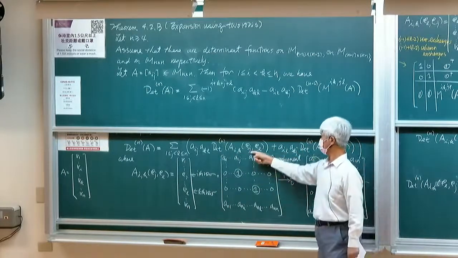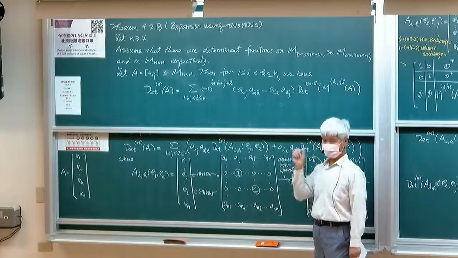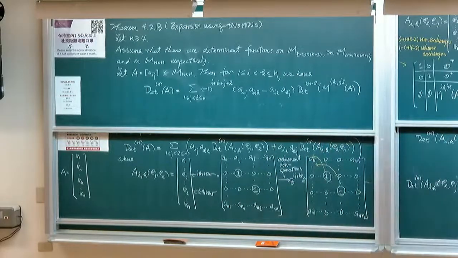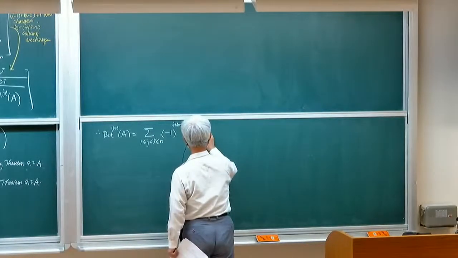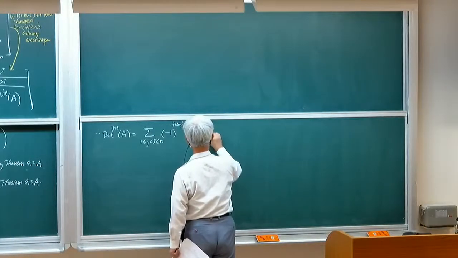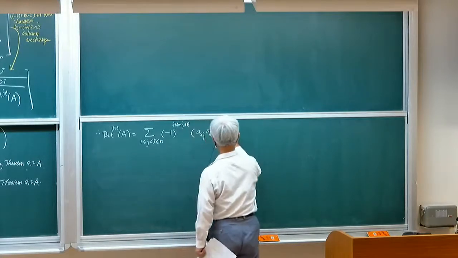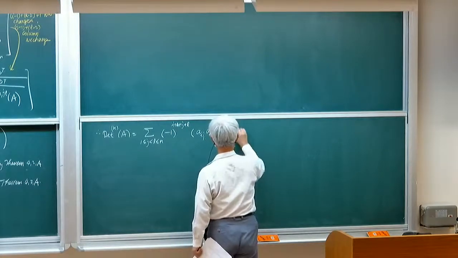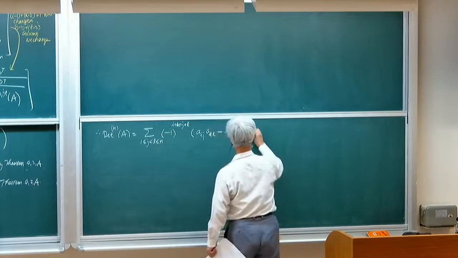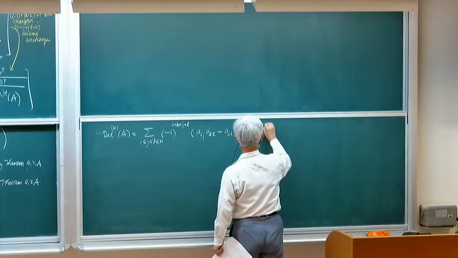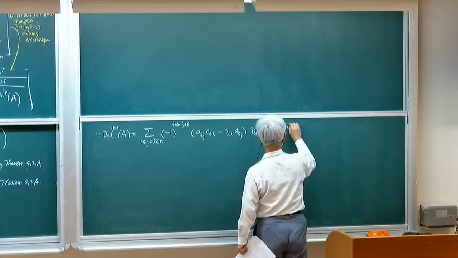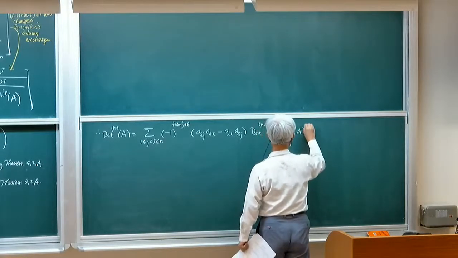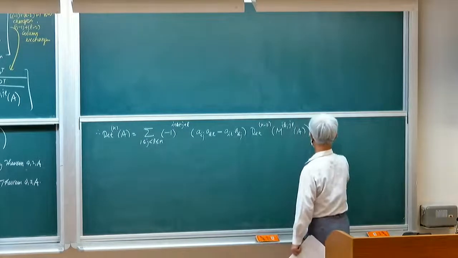They have different sign only. Okay, so this is equal to a_ij a_kl minus a_il a_kj and the determinant of (n-2). All right, and we have done.